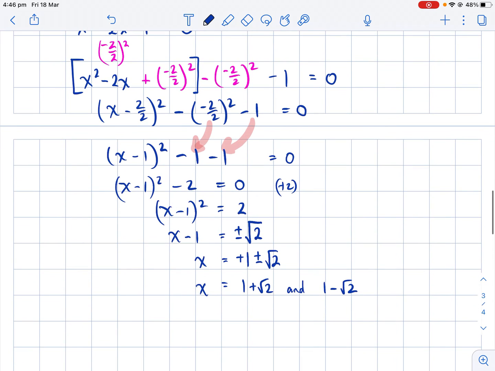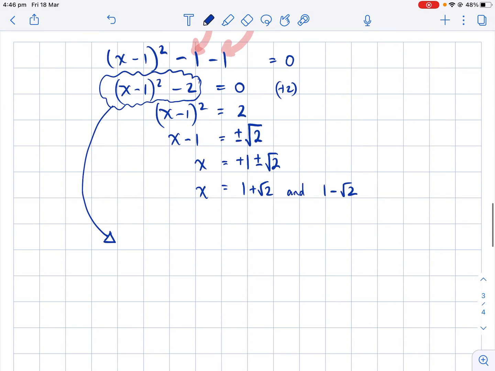All right. One extra technique that we can take from this space right here. We've sort of just done the first part of completing the square. If I finish completing the square to fully factorise, let's have a look at what that looks like. When I get to this stage here, I'll write it out the correct way.